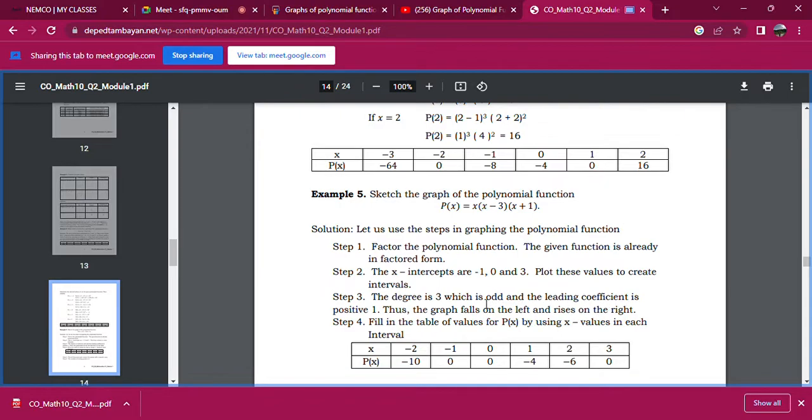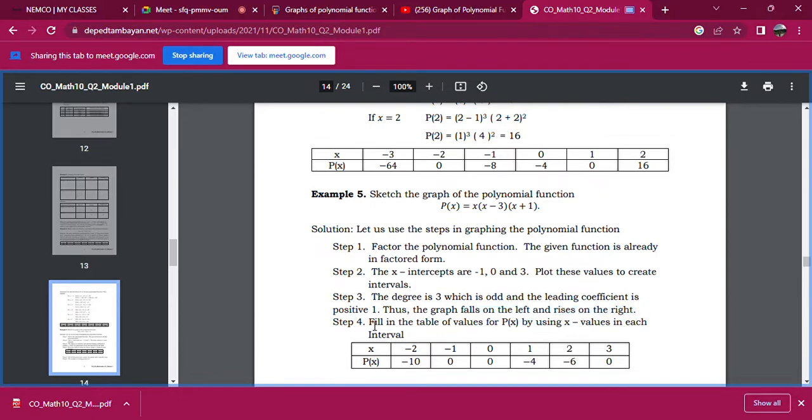So, odd and even. Kung odd o even ang ato degree, so ang ato behavior sa graph or the end behavior sa graph kay falls on the left and rises on the right. So, mo fall si dya sa left, mo rise si dya sa right.